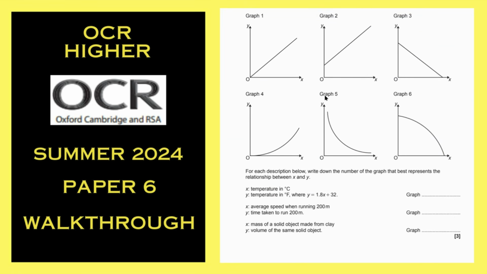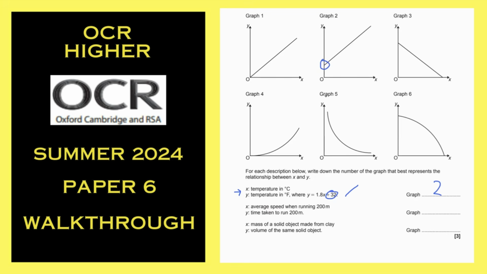Matching up some graphs, but so waffly, it's unbelievable. At the end of the day, when you look at this one, it's direct proportion, so it's a straight line graph upwards. Positive gradient. But because there is a position there, that's why that relates to graph 2 and not graph 1.